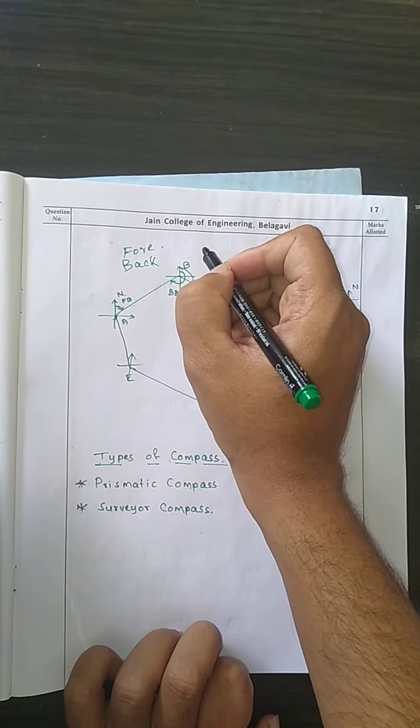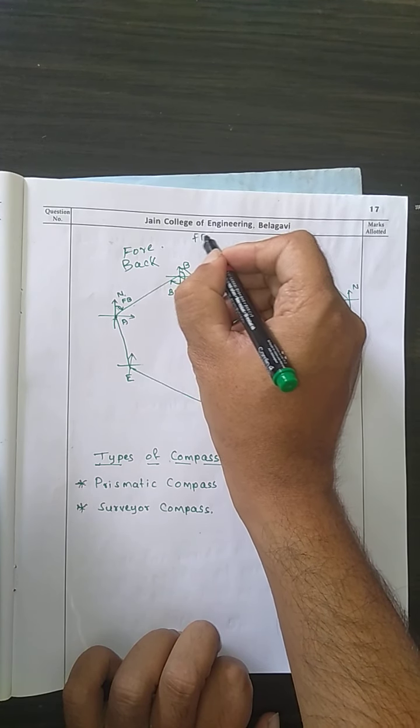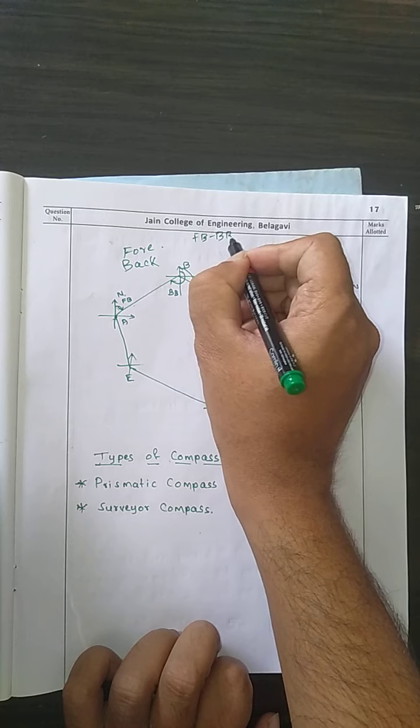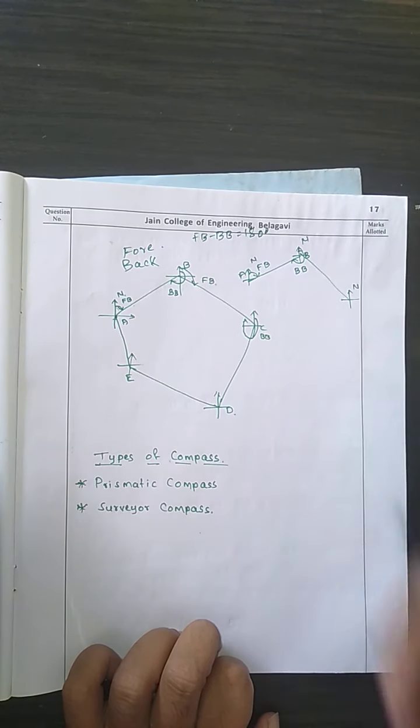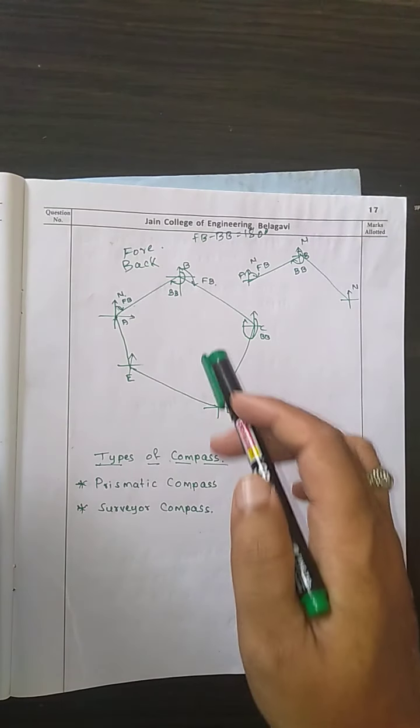And one more thing that you need to remember: the difference between the fore bearing and the back bearing is always 180 degrees. This thing you need to keep in mind.